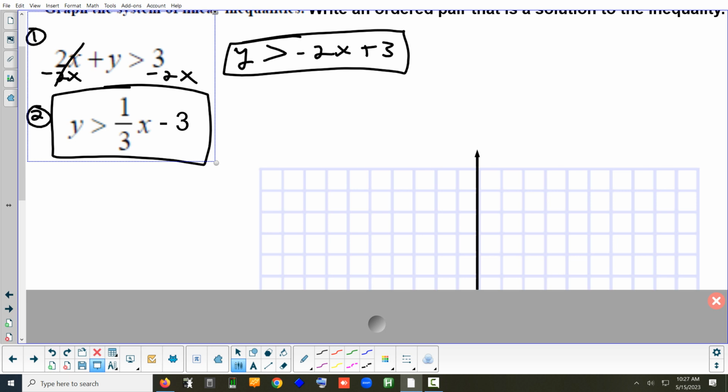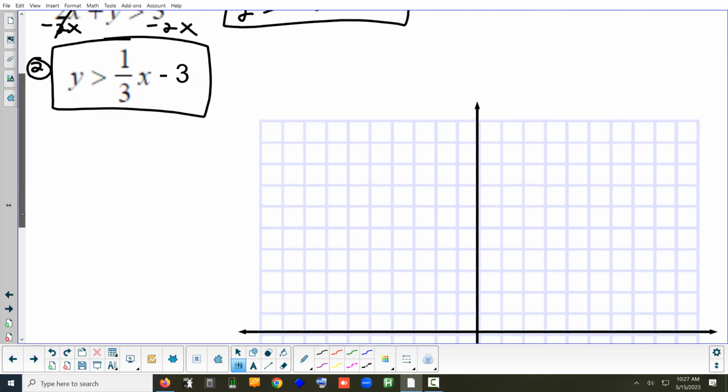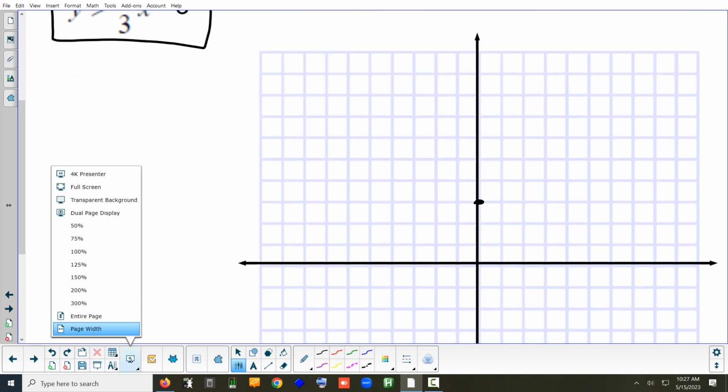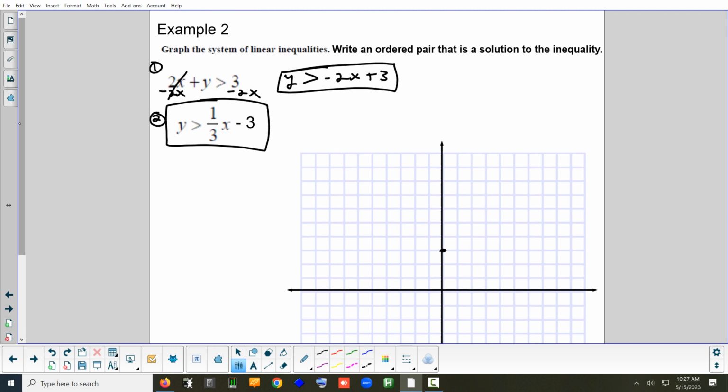Let's start with graphing the first inequality. What's my y-intercept for the first one? Yeah, 3. So we're going to put a dot at 3. All right. So I got that. What's my slope for the first one?